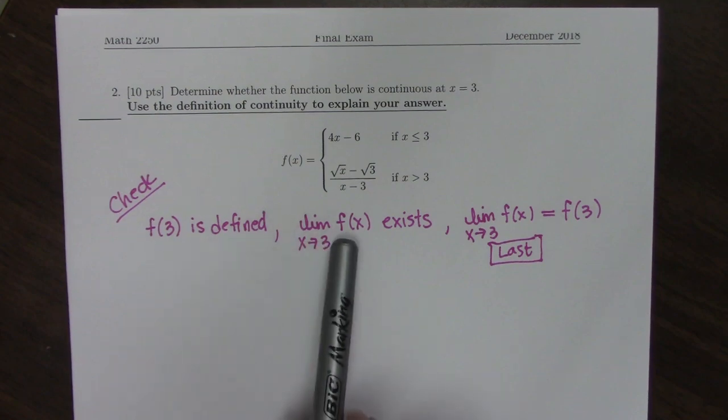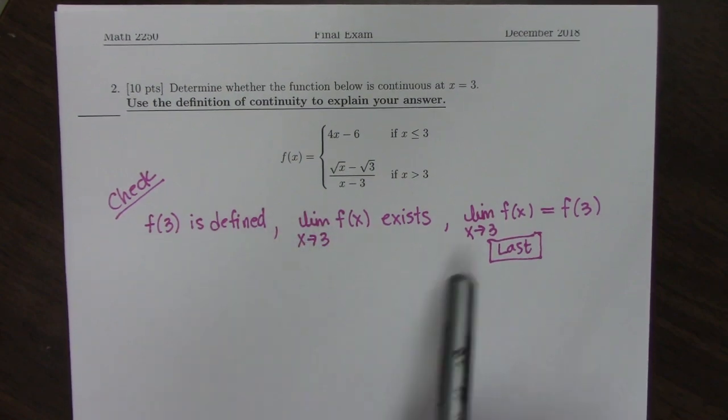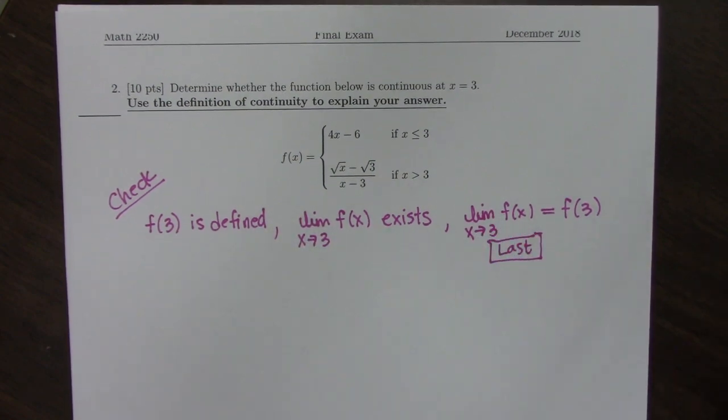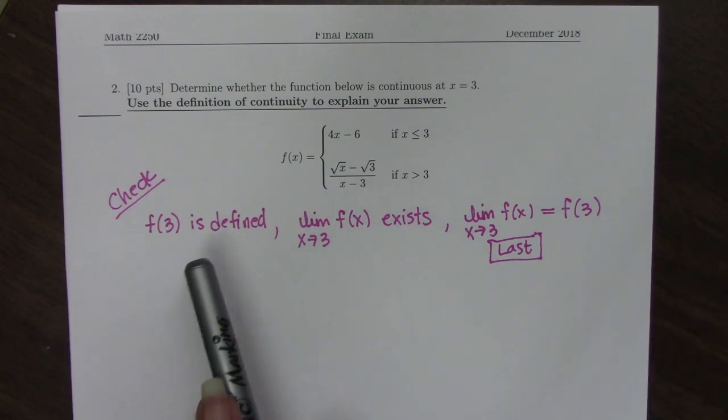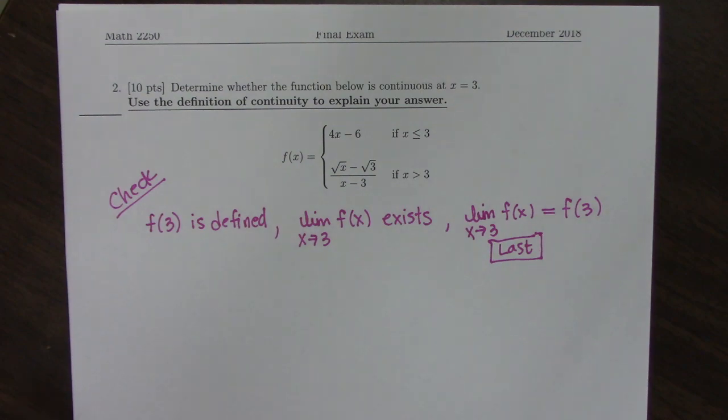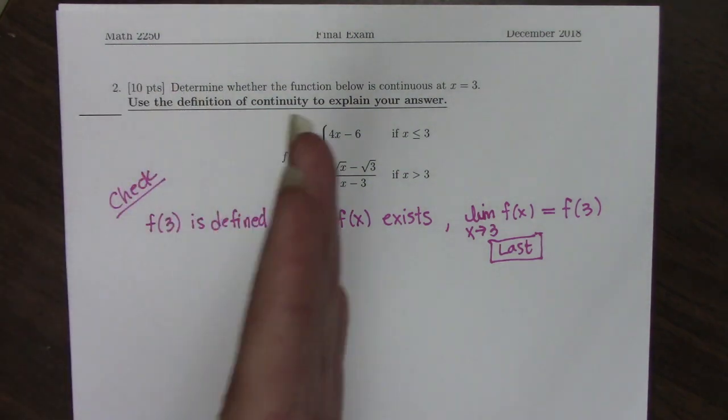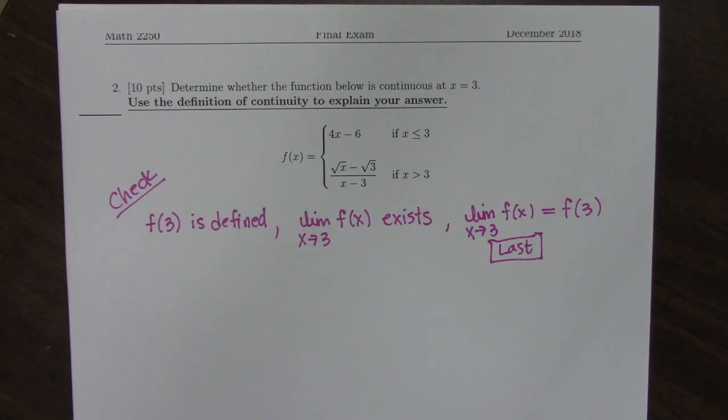So you need to do these two things separately, then compare your answers, and then either claim it's continuous or not continuous. Also keep in mind, if any one of these fail, then the function's not continuous and you can stop. So as soon as you find a failure point, you can move on. But in order to prove that it is continuous, it has to satisfy all three things.